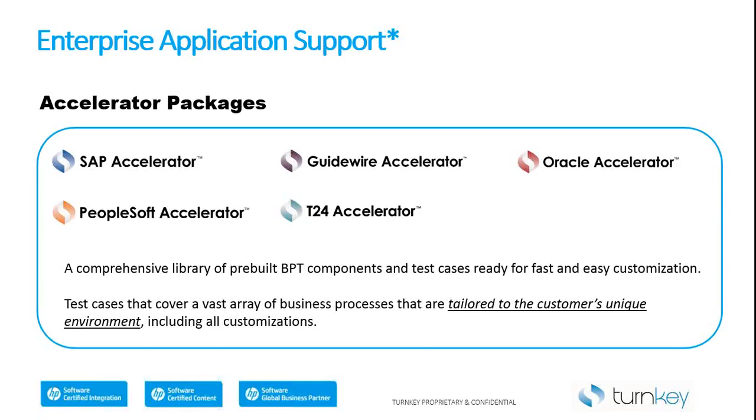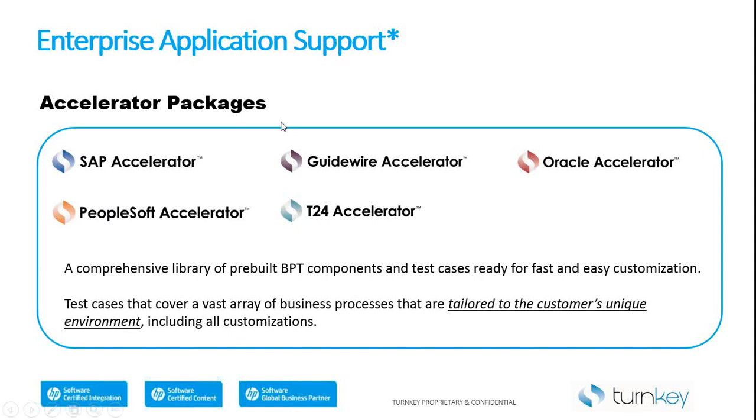And what are these? These are comprehensive libraries of pre-built DBT components. So we've used our technology to go build, validate the standard component structure for these applications. And it makes it much easier to implement and your time to value, and then to manage your customizations. So, that's the value of these.